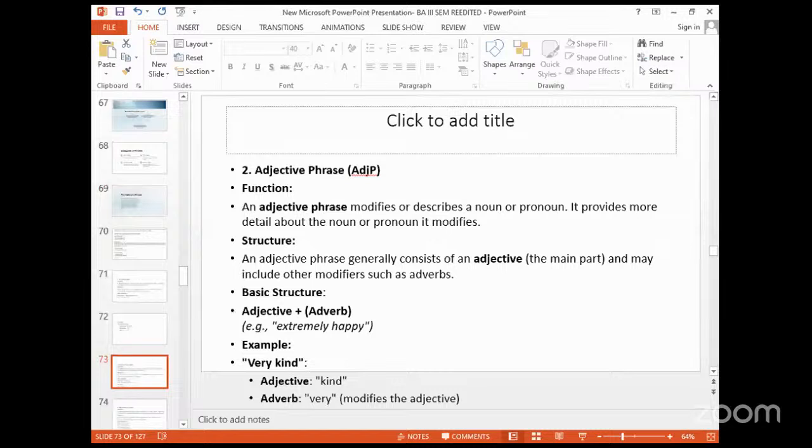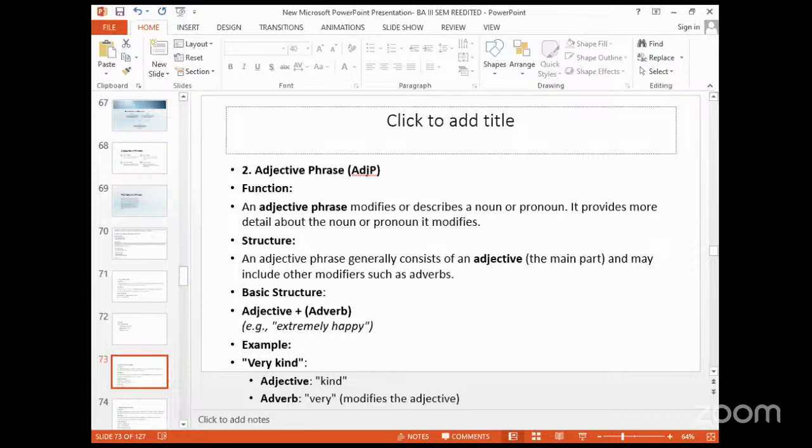Coming to the adjective phrase, we are going to talk about its structure and its function. Adjective phrases modify or describe a noun or a pronoun. They provide more detail about the noun or pronoun. As for the structure, an adjective phrase generally consists of an adjective, which is the main part, and may include other modifiers such as adverbs.